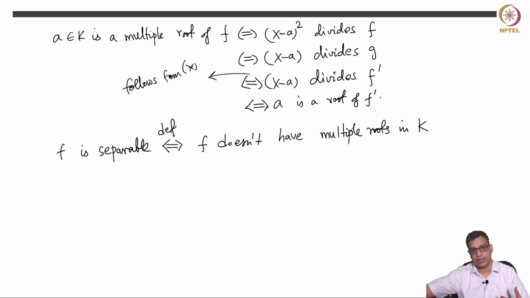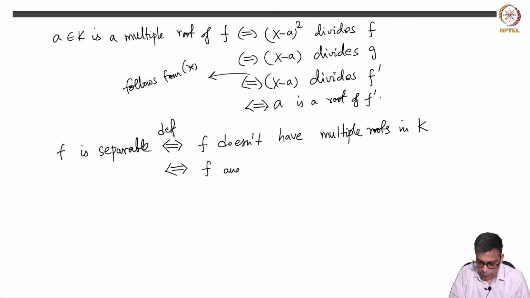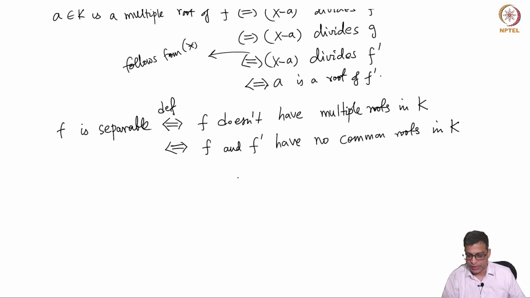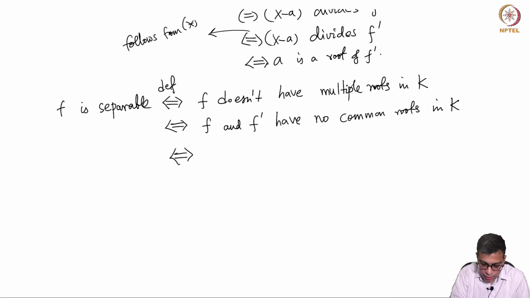Whether it's the splitting field or some extension of it, you get the same statement. That means f and f prime have no common roots, because a is a multiple root of f means a is a root of f prime. If nothing is a multiple root of f, then no root of f is a root of f prime. That means f and f prime have no common roots in K. This implies f and f prime are co-prime in F[x] itself.